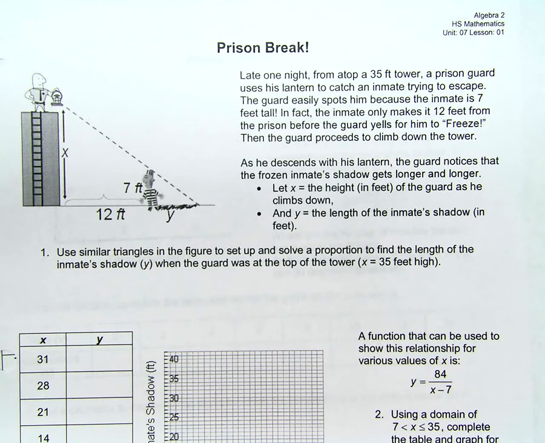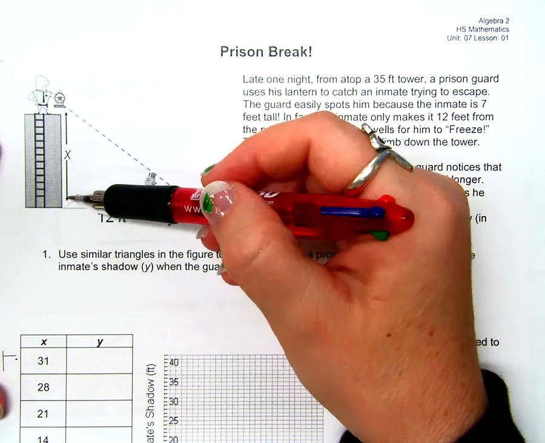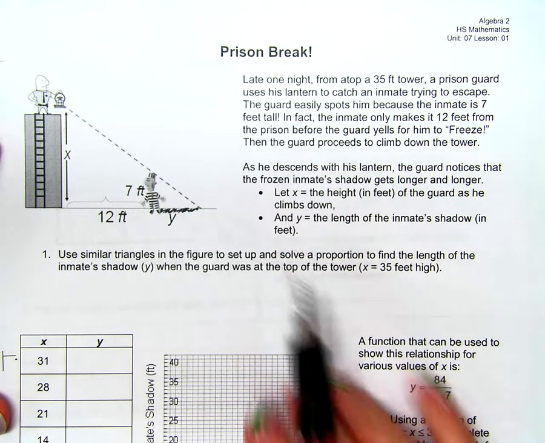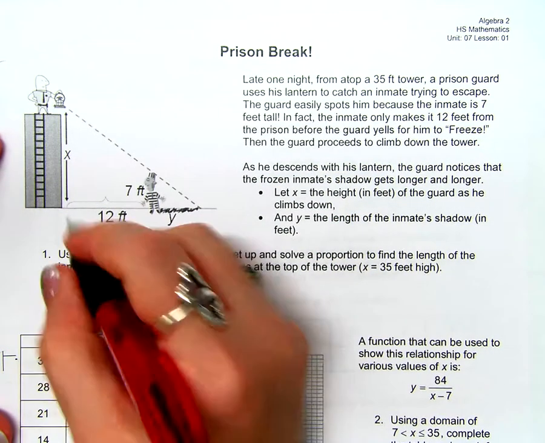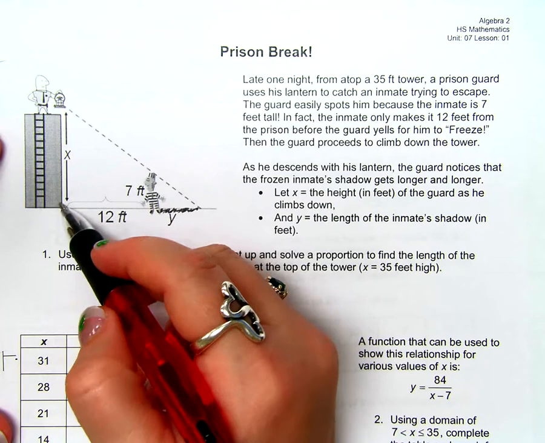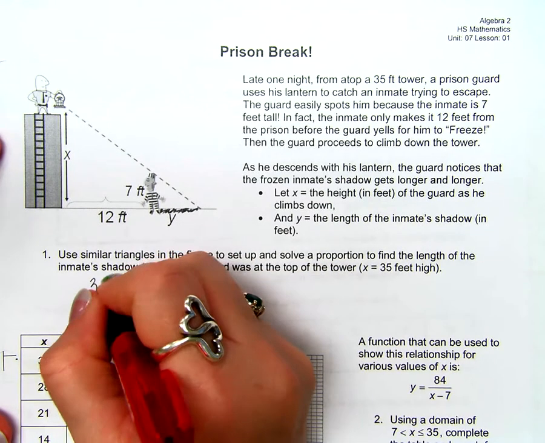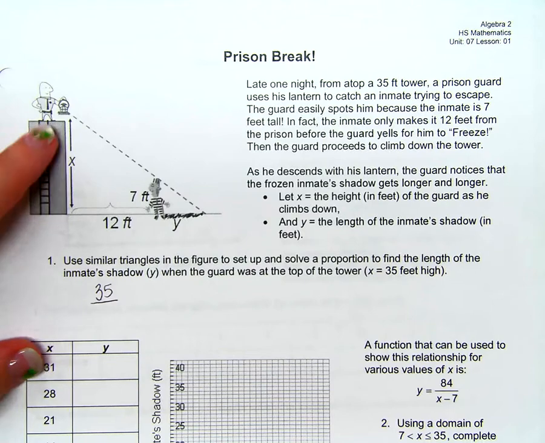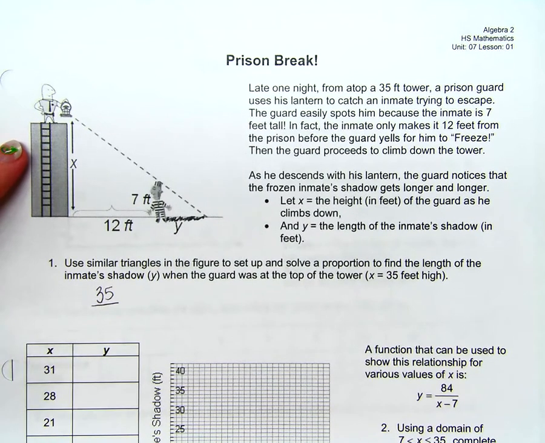What kind of proportion are we going to set up here? What does it look like? So maybe the height of the tower over the distance from the base of the tower. Would that work? So how tall is the tower? 35, okay. But we know right now that he's at the top of the tower.